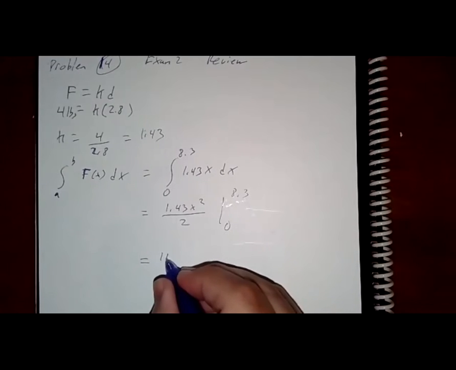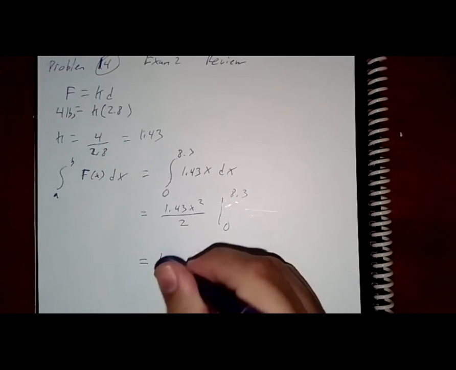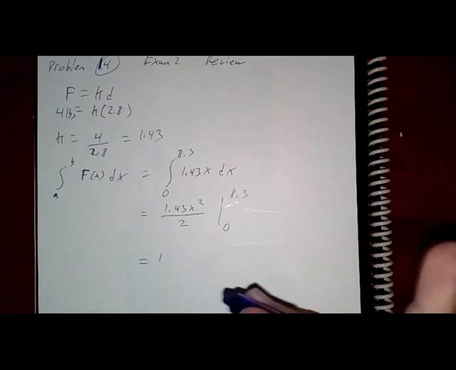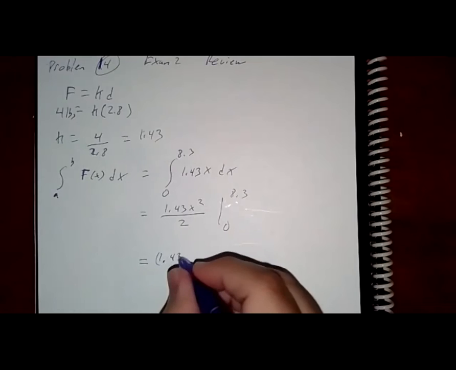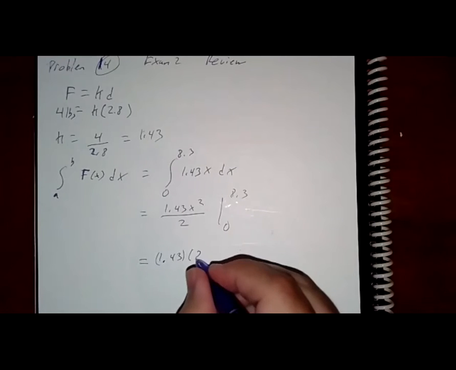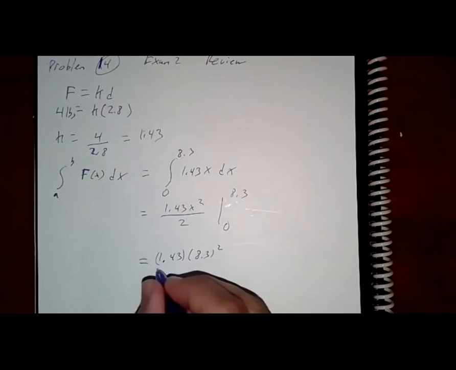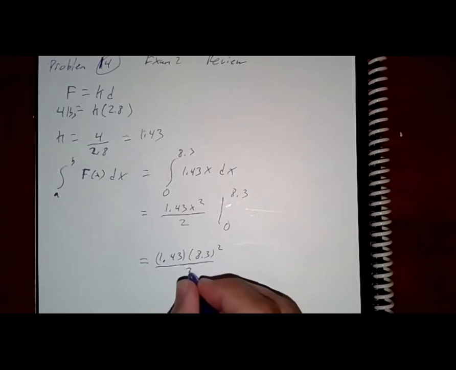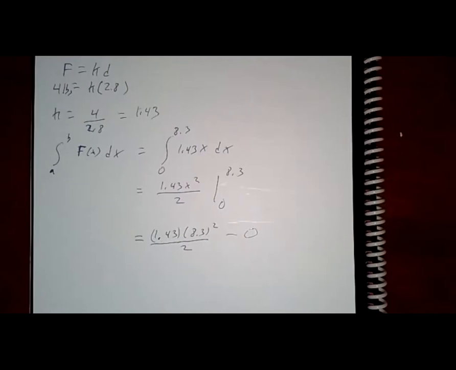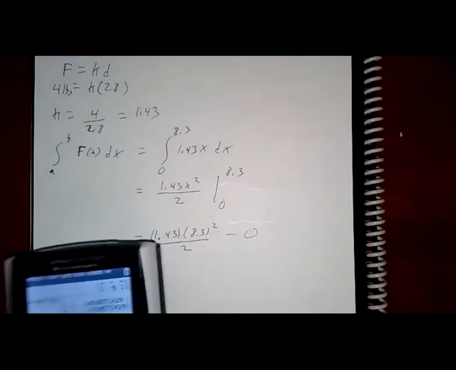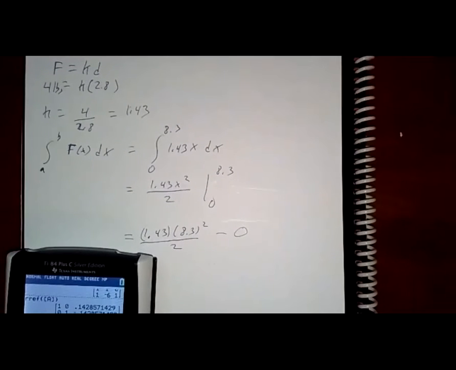Which will be 0.43 times 8.3 squared minus 0. What is that going to be? 68.89.